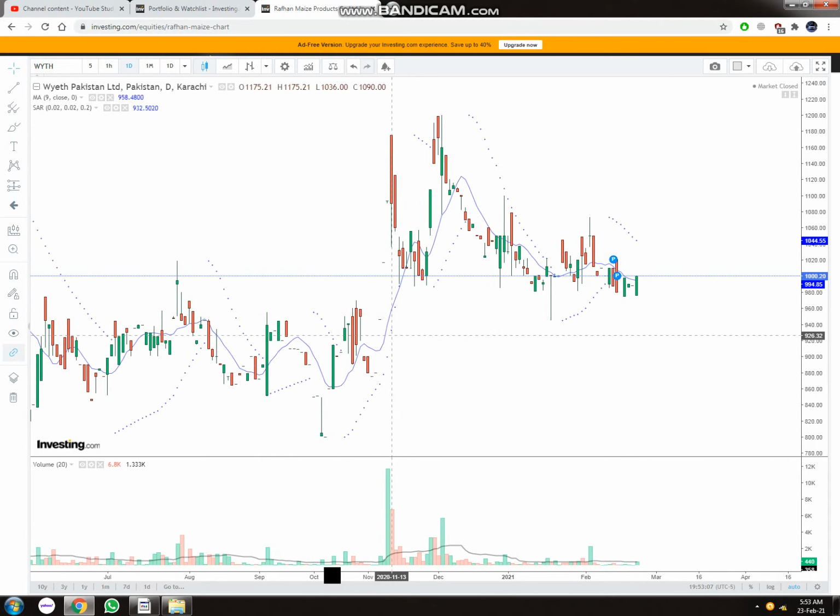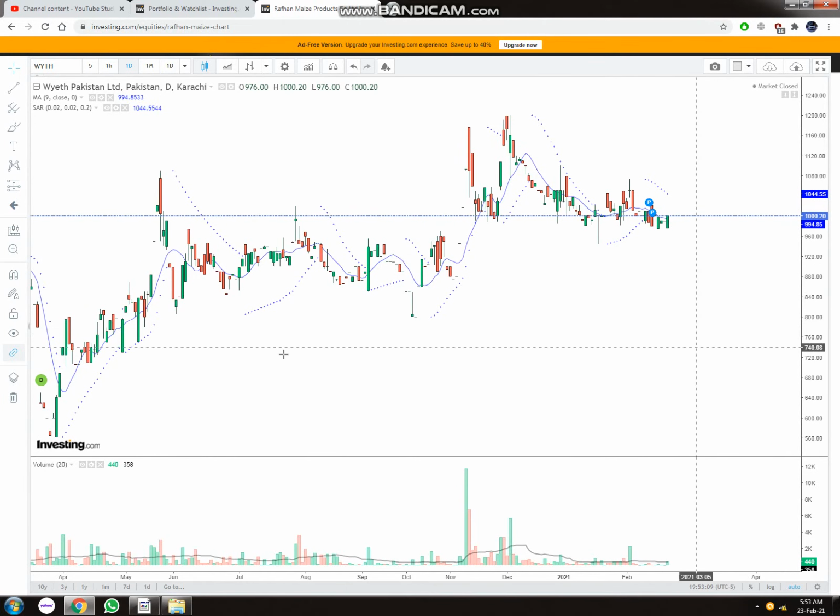Now a slow stock would look something like this. Take a look: 8, 10, 12, 10, 15, 10. A slow stock looks something like this, traded after a few days, not trading daily.